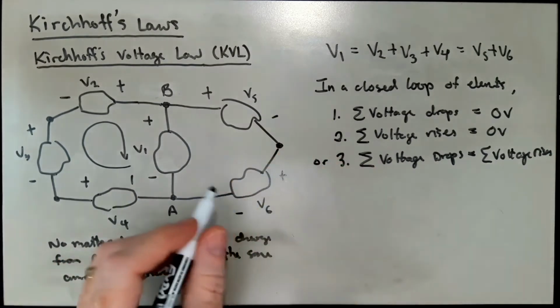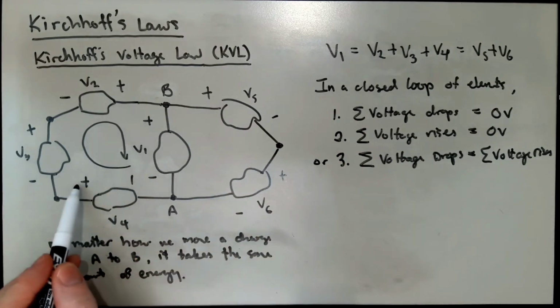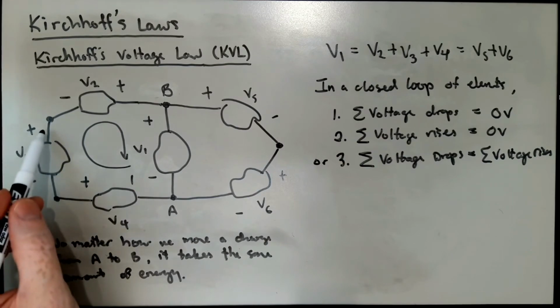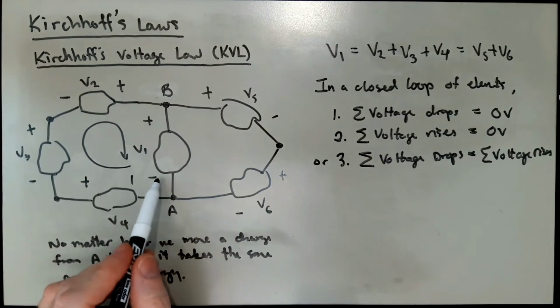Okay, so on the first way of doing things, I might write for this loop minus V4, minus V3, minus V2, plus V1 equals 0.